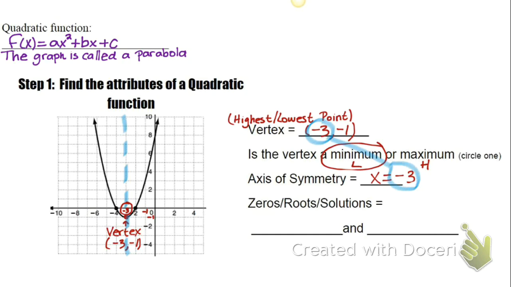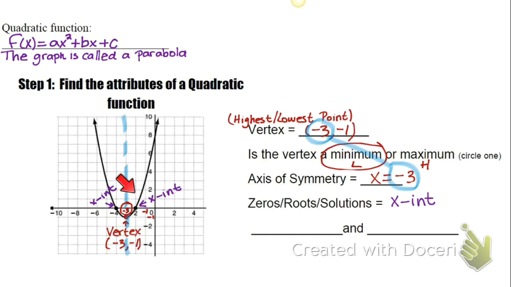Now we need to identify the zeros, the roots, and the solutions. Remember that all of those mean the same thing. They all mean the x-intercept. They just want you to find the x-intercept. So we're going to scan our parabola, and we're going to find the ordered pairs where the parabola crosses the x-axis, and here we have one, and then we have our second one here.